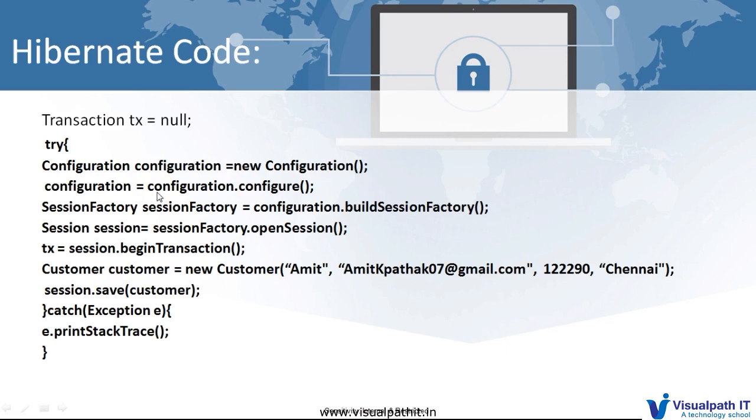For now, we just try to understand that through new configuration we created the configuration object, and then we call configure. After that, on the same configuration object we call build session factory, and through that the session factory object is created. Once the session factory object is created, there is no longer any use of this configuration object.